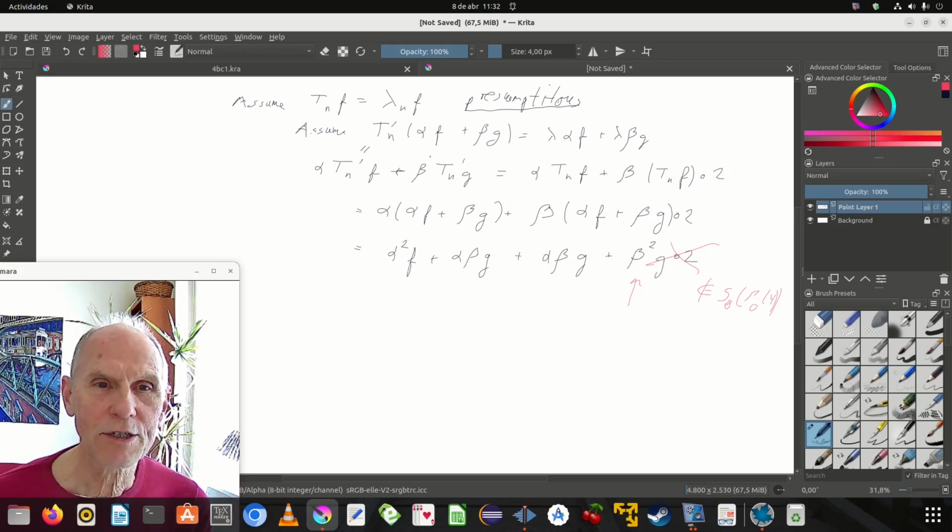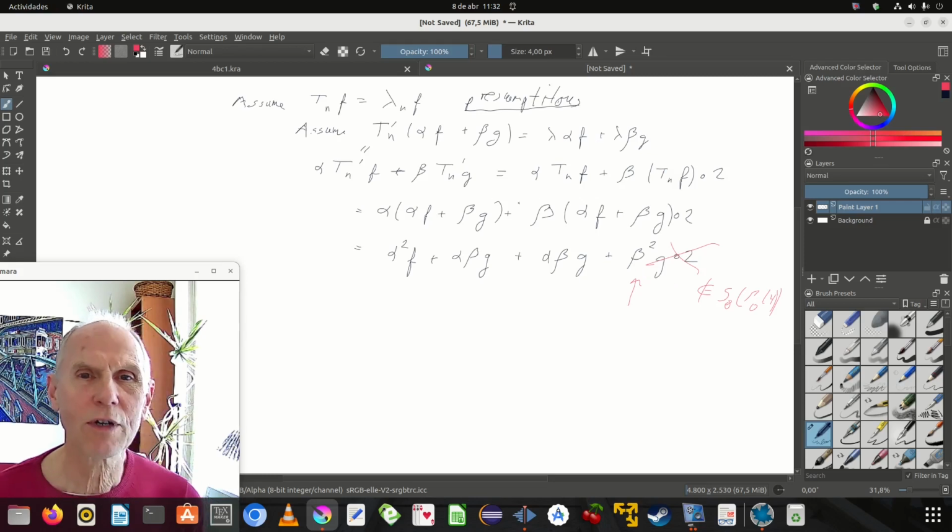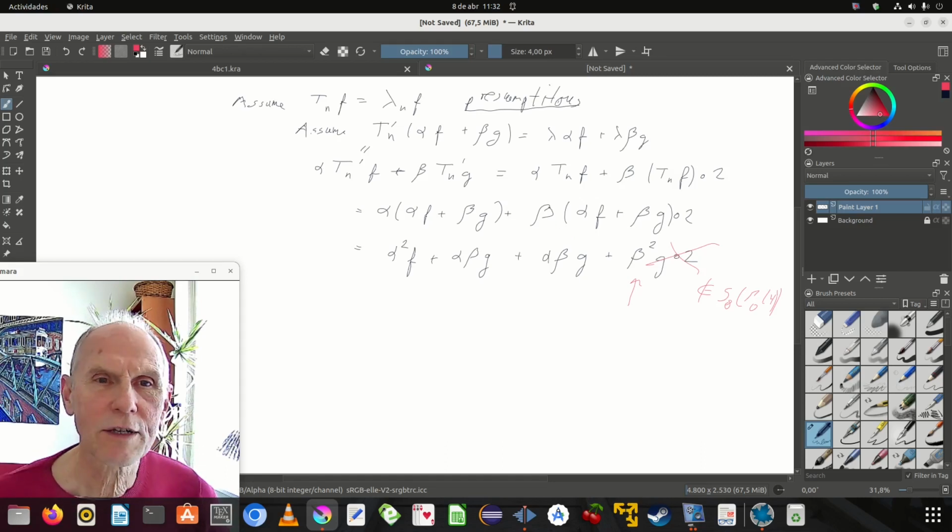And that means that since it's not a zero function, or must it, where did the lambda come in? I forgot the lambda. I'll just put that in, Tn of f.